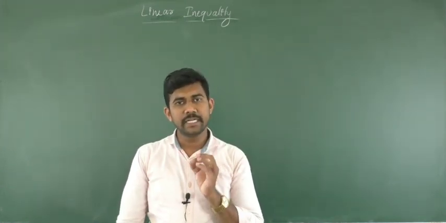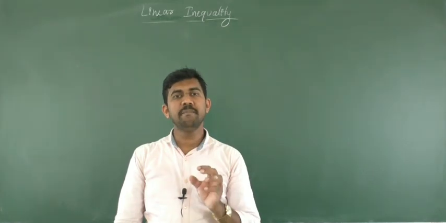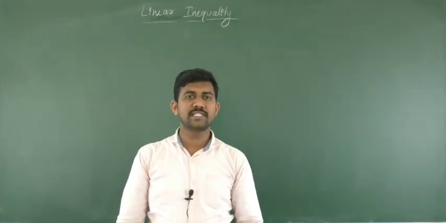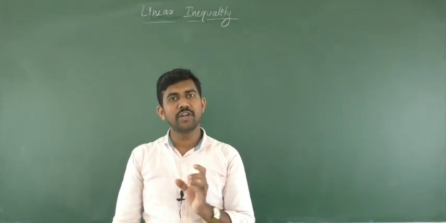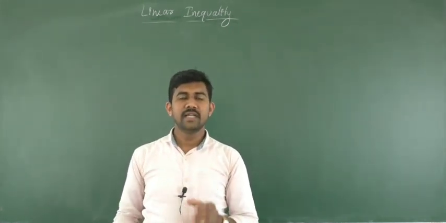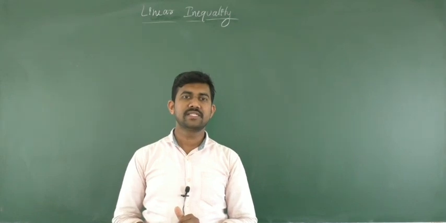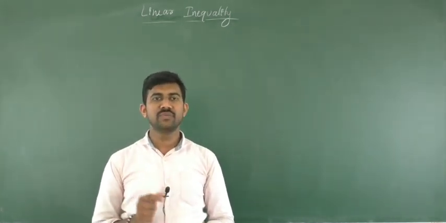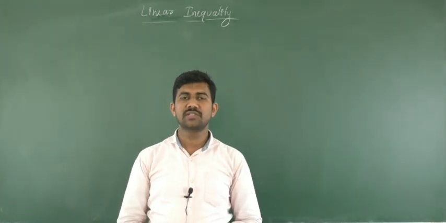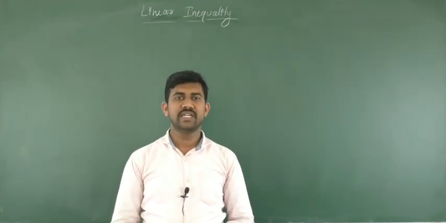We can multiply or divide by the same positive number on both sides, and the sign does not change. But if you multiply or divide by a negative number, the sign of inequality gets reversed. That we saw in our last class. In today's session, we are going to solve some questions related to linear inequality.